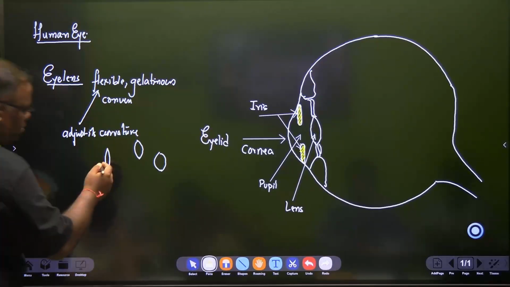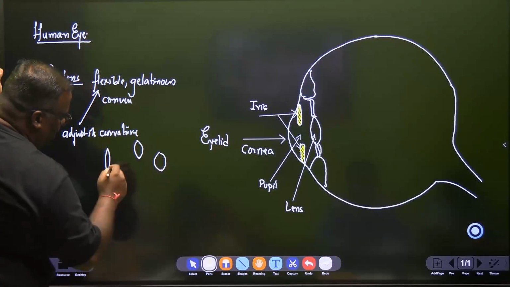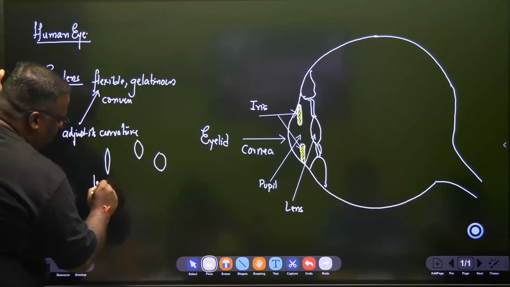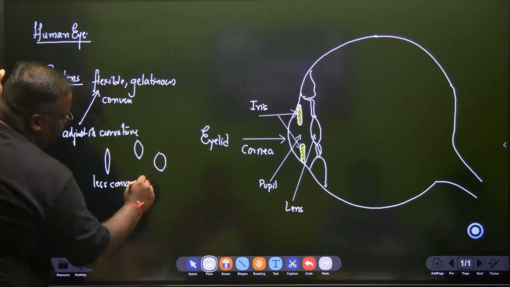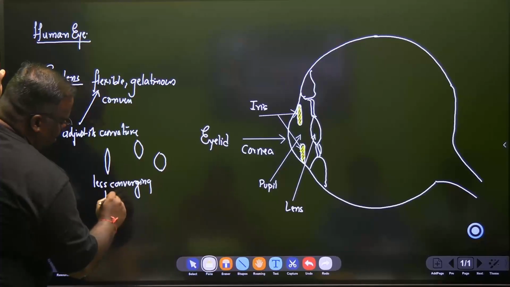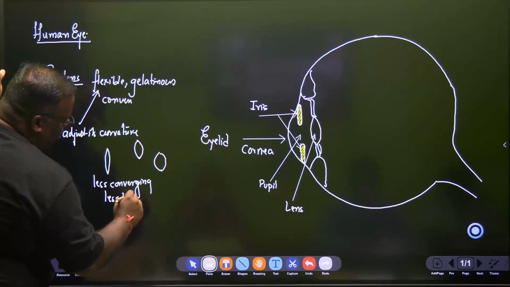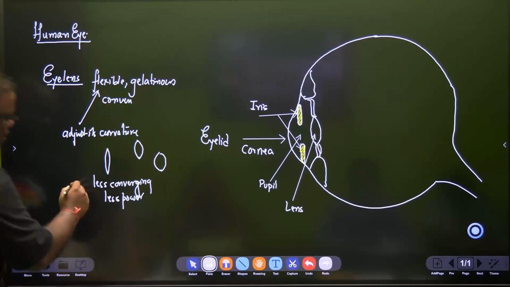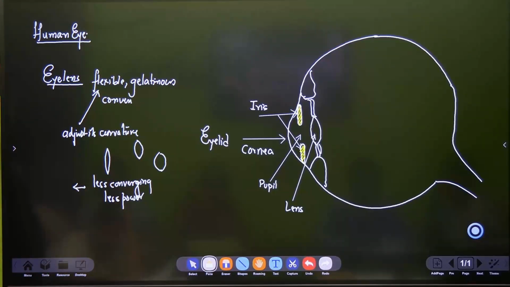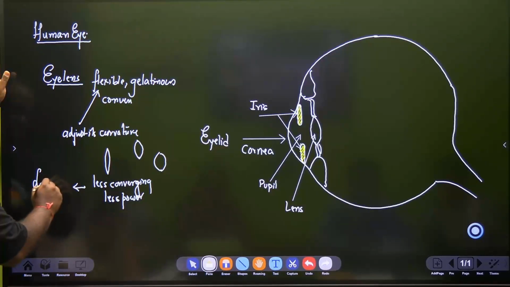When a lens becomes thinner, it's said to be less converging, which means less converging power, less power. Power is always the reciprocal of the focal length, so here the focal length will be large.